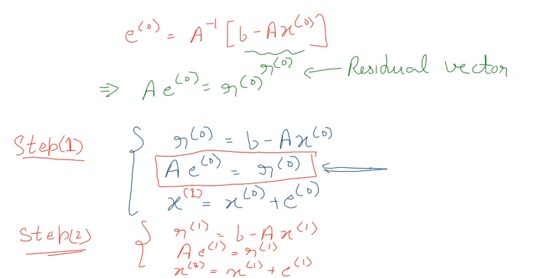Now the success of this method depends on where? In this method you are going to generate a sequence of approximations x0, x1, x2, x3 and so on.